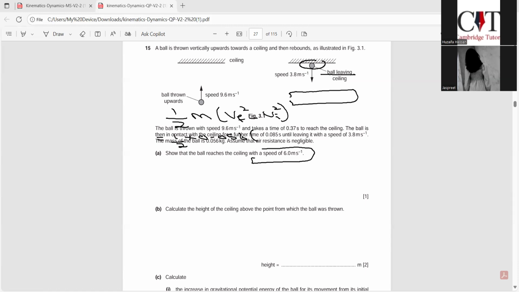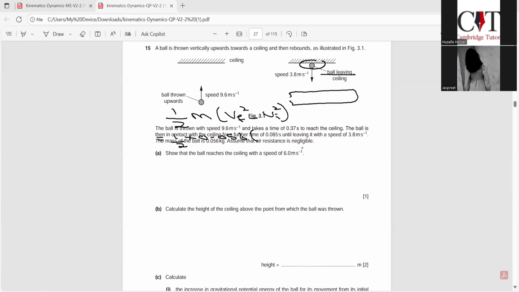And why is it the final velocity? Because it's when the ball is leaving the ceiling. Yeah, because we have only asked when the ball is in contact with the ceiling. And what is the initial velocity? 0. No, why zero? Read part A. Show that the ball reaches the ceiling with a speed of 6 meters per second.